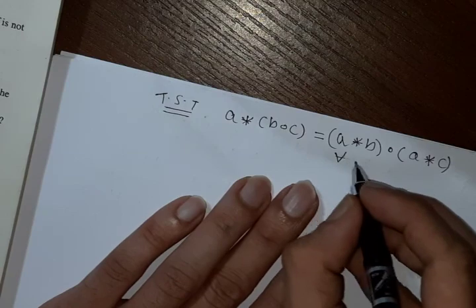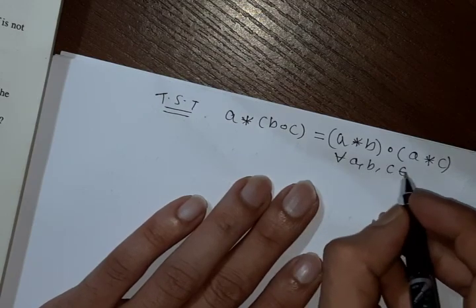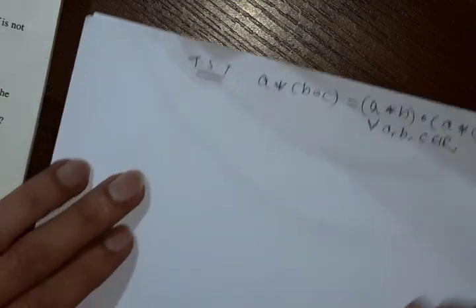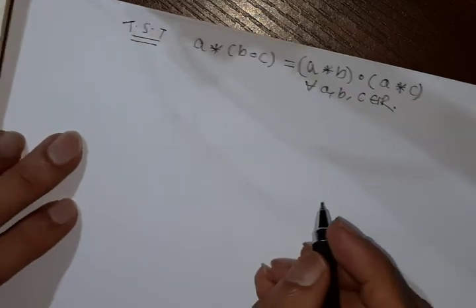So how to show that? Let us see. To show that A star (B O C) is equal to (A star B) O (A star C). This is true for all A, B, C belonging to the real numbers. We have to show this.